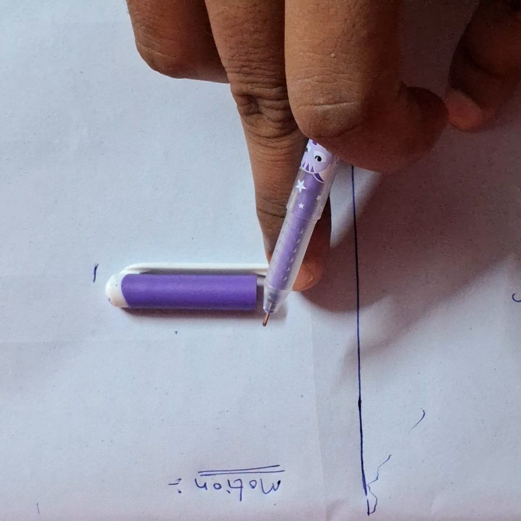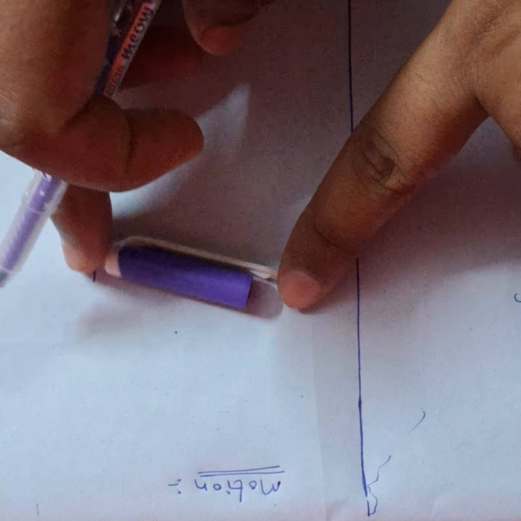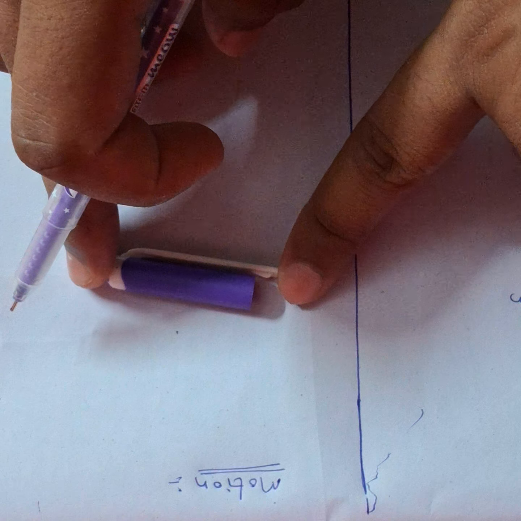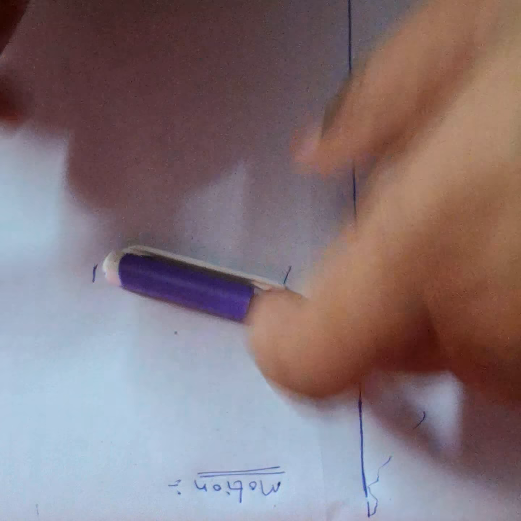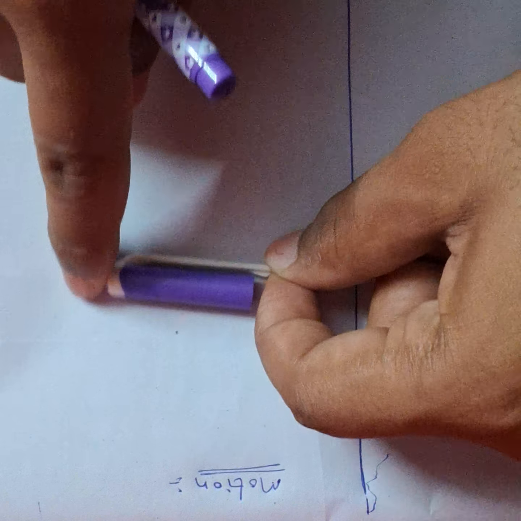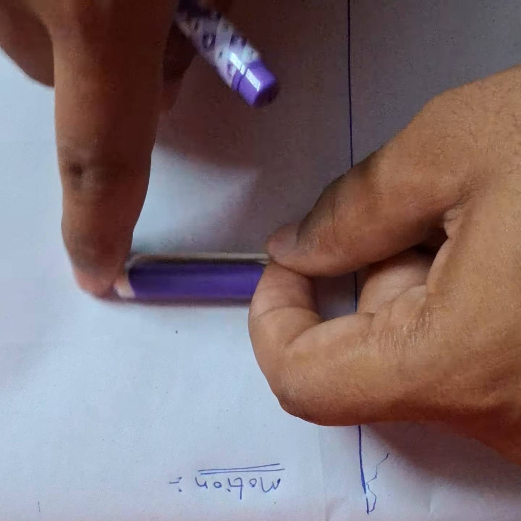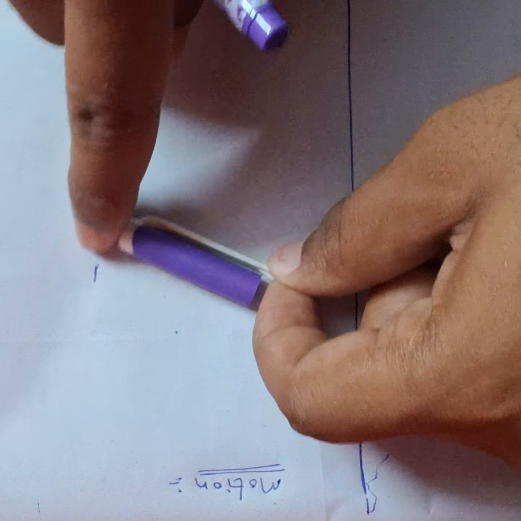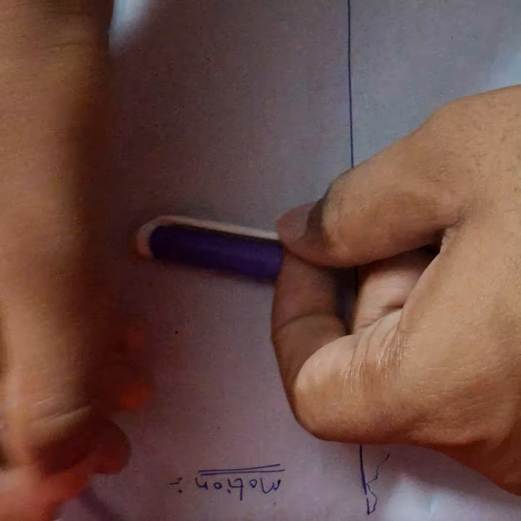If an object has no movement, if an object is not changing its position with respect to time, then it has no motion. If the object is changing its position with respect to time, if the object is having the movement, then the object is said to be in motion. So what is motion?